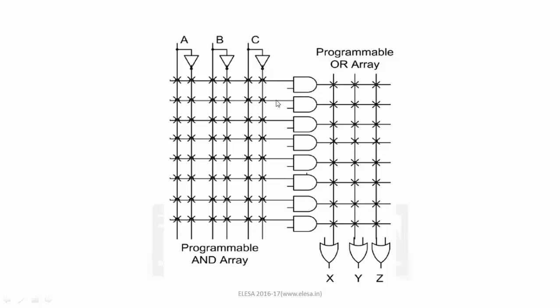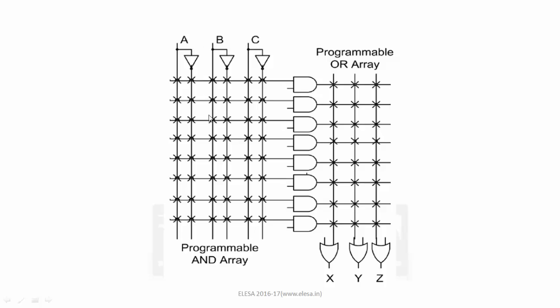They are just laid in the IC. That's why we can say that this is the programmable AND array. That is, you can program which connection you want to make. Similarly, these OR gates are called the programmable OR array, right? So you have the provision of 3 outputs, right?